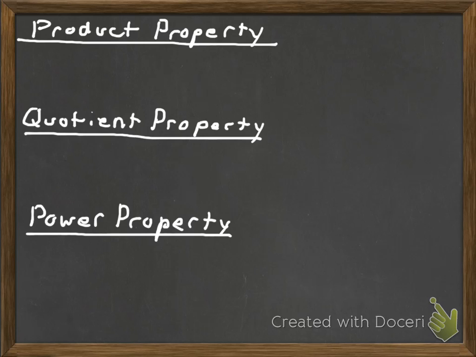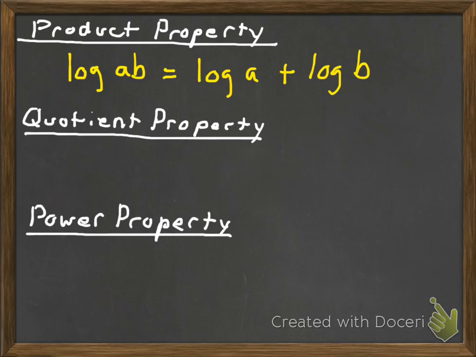The product property is a way of writing the logarithm of a product, AB, as an expression with multiple logarithms. If you ever have the logarithm of a product, AB, you can write that as the log of the first factor of that product plus the log of the second factor of that product.